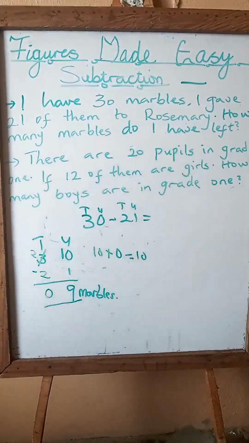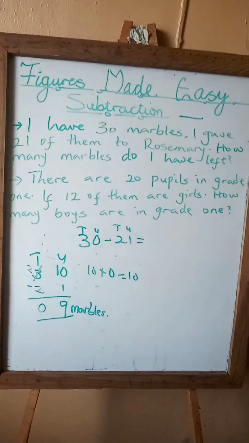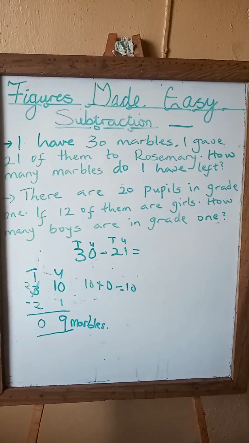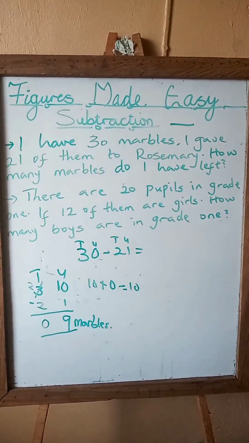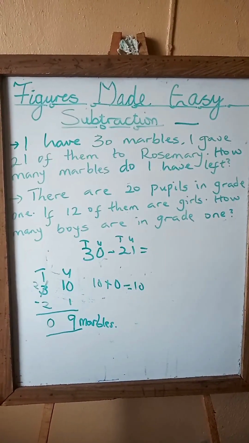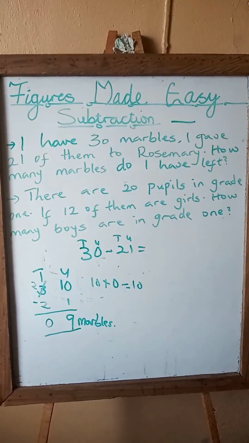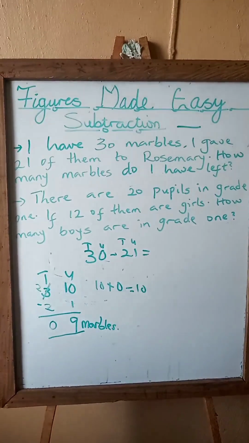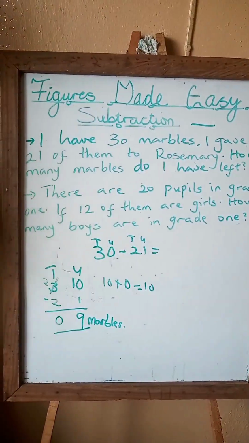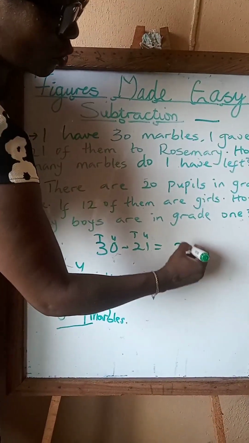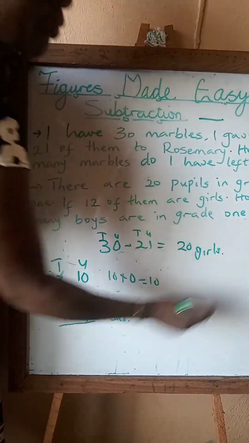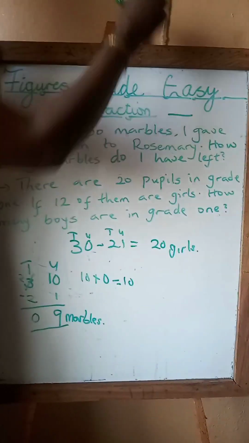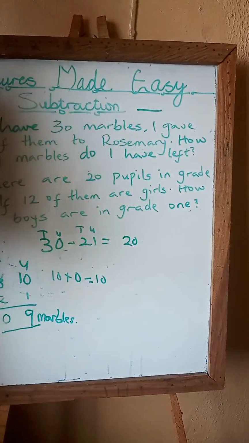Now let us see the next question. The next question says there are 20 pupils in grade 1. If 12 of them are girls, how many boys are in grade 1?